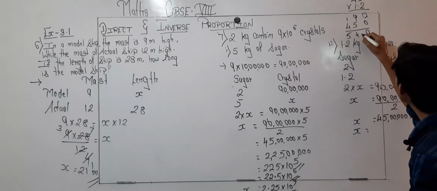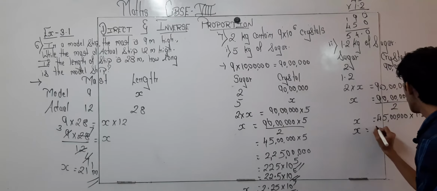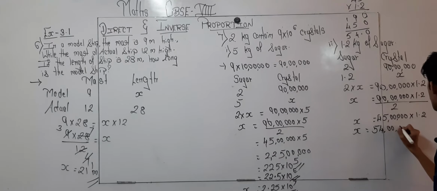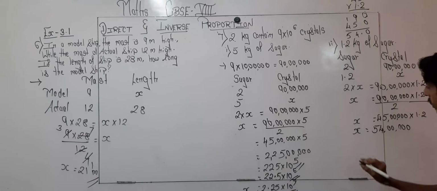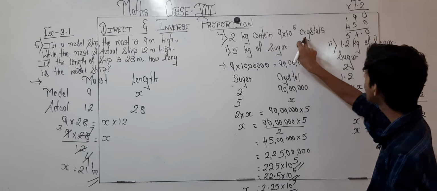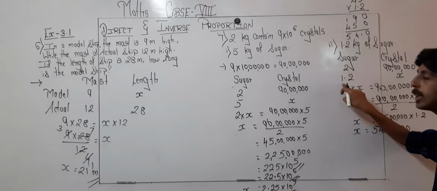The point will be over here because one point was over here, so it will be given as 54, and over here how many zeros? 5 zeros. Now my x is equal to 54 lakh crystals for 1.2 kg of the sugar.